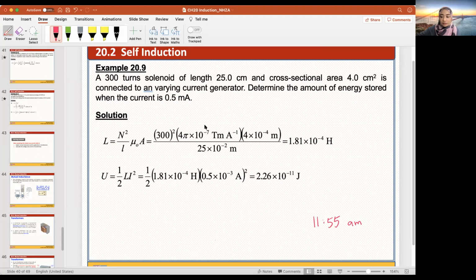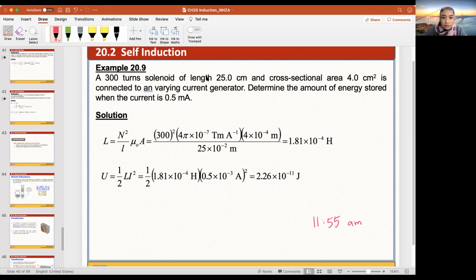Yes, self-inductance produces self-induced EMF, produces the induced current. So self-inductance ni macam phenomenon lah. Self-inductance ni perkara yang berlaku yang menyebabkan self-induced EMF. So nak kata self-inductance ni sama dengan self-induced EMF? Not really.